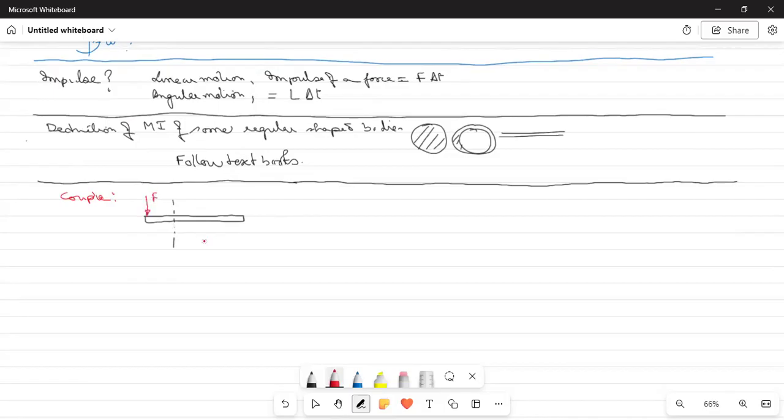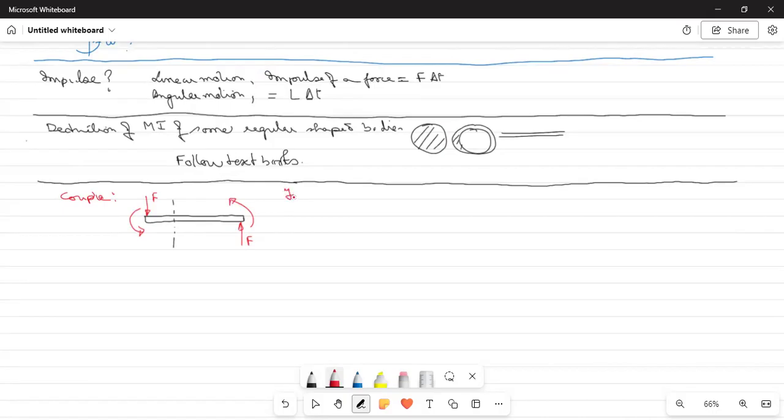This is the force F, and this force will try to bend the body or rotate the body in this direction, and this is another force F, which is the same force, and it will try to rotate it in this direction. This also tries to rotate it counterclockwise, this also tries to rotate counterclockwise.